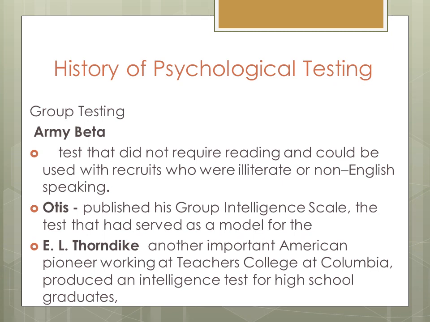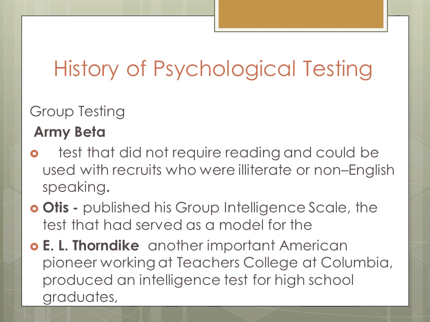So with that, they were able to identify the difference, and that was the first group testing conducted. Now let's go to Otis. So Otis published his group intelligence scale, the test that had served as a model. All right. So Otis was the first one who published the group intelligence scale.